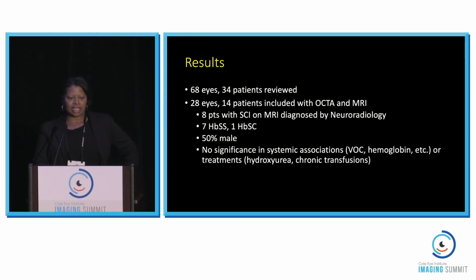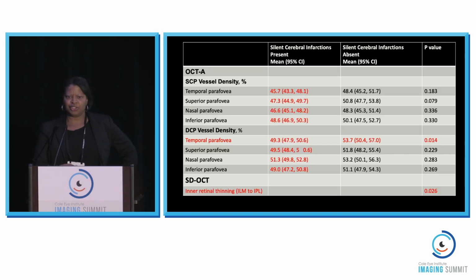Eight patients had silent cerebral infarcts on their MRI, diagnosed by our neuroradiologist at Johns Hopkins, who follows these cohorts of patients as well. Seven of these children had hemoglobin SS disease, and one had hemoglobin SC. There was an even male-female split, and we didn't see any significance in systemic associations, such as different systemic therapies, transfusions, or hydroxyurea.